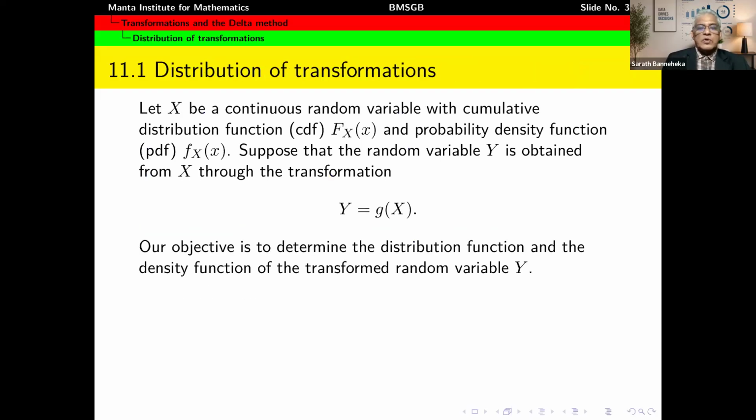Okay, so let us look at the first one, distribution of transformations.